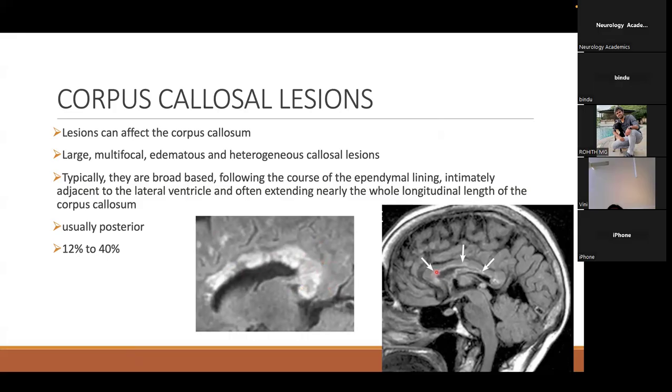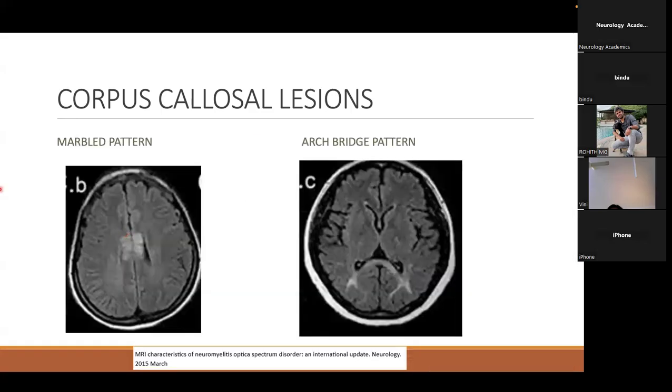Sometimes it can be a broad-based lesion following the course of the ependymal lining adjacent to the lateral ventricle, like this, and nearly more than 50% of the corpus callosum might be involved in NMOSD. This posterior part involvement is more typical for NMOSD, and corpus callosal lesions are found in 12 to 40% of patients with NMOSD.